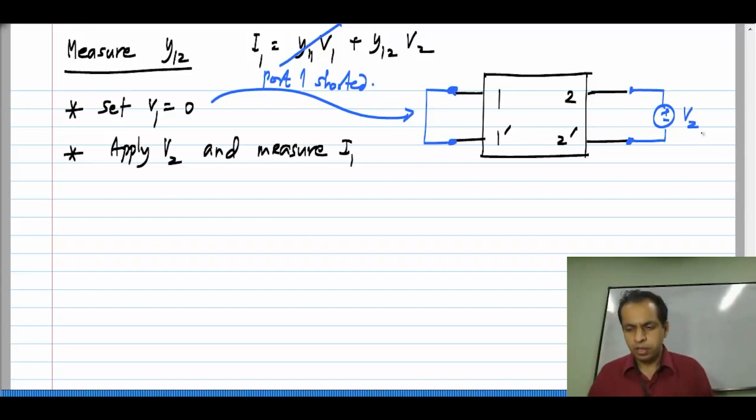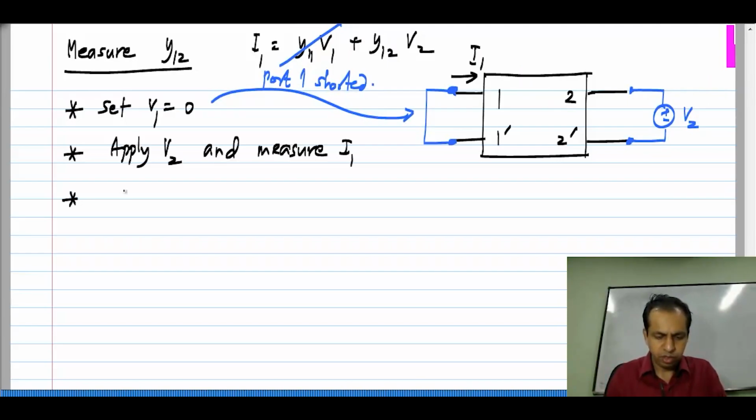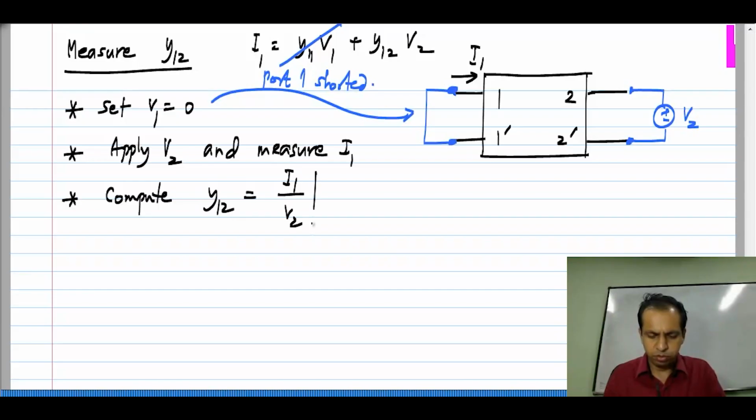And we apply V2 and measure I1. That is, we measure the current in port 1 while applying a voltage to port 2. And you can compute Y12 as I1 by V2 with V1 set to 0, which means port 1 shorted.